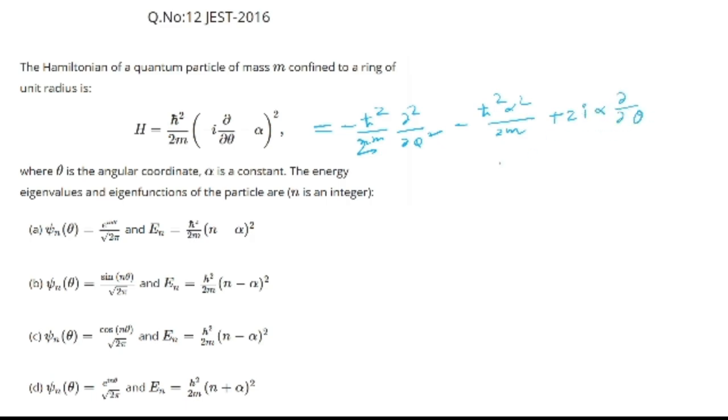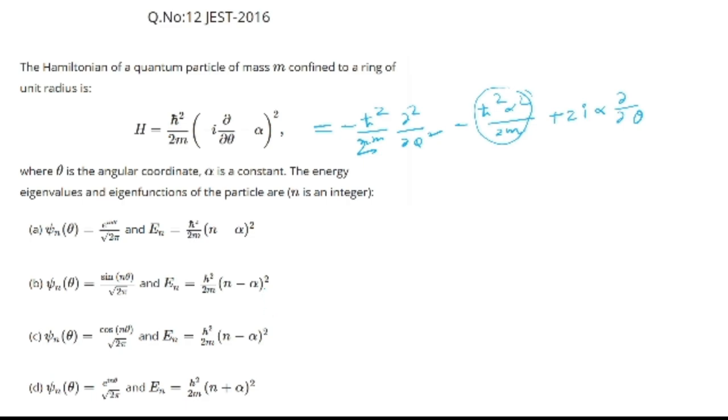So we can conclude that the wave function is obviously e to the power i n theta divided by root 2 pi, but what will be the energy? If we want to find the energy, you will get that there is always a term h cross squared alpha squared by twice m.